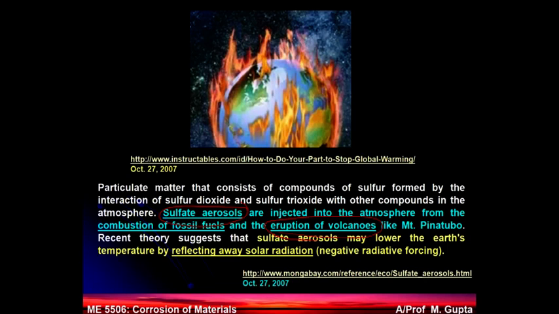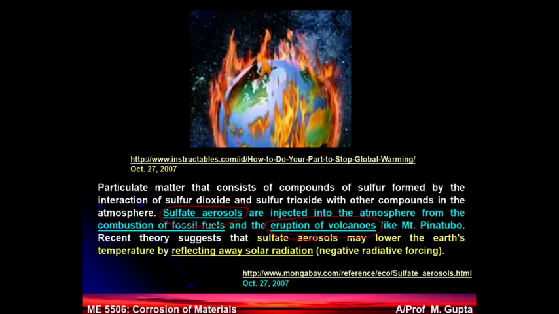So when the sunlight comes in, it is reflected back from these particles. They never really come in. They're reflected back right from the top. So there is no global warming. But of course, it does not happen.